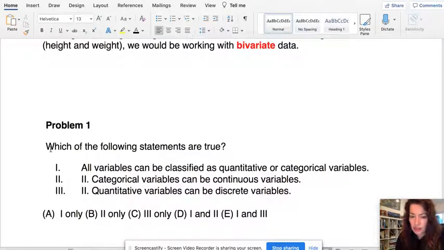It's just either the color of your hair, the color of your eyes, the type of car, the type of dog. So that cannot be a continuous variable. 3, quantitative variables can be discrete variables, and yes, that is true. So the only thing that would be true here is 1 and 3. So the correct letter answer is E.